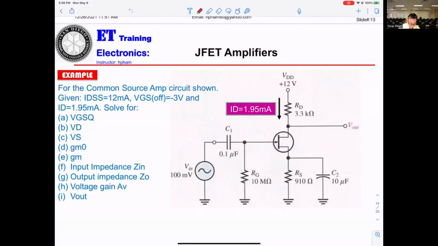I gave you the formula, maybe I still remember it. VGS equals VG minus VS. VG right here equals 0.